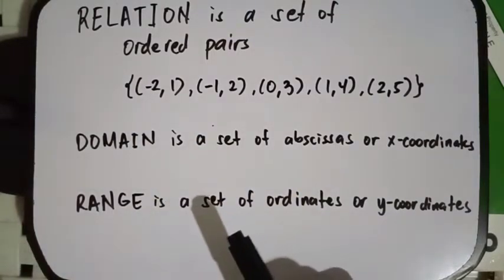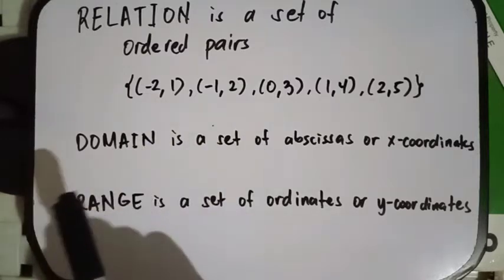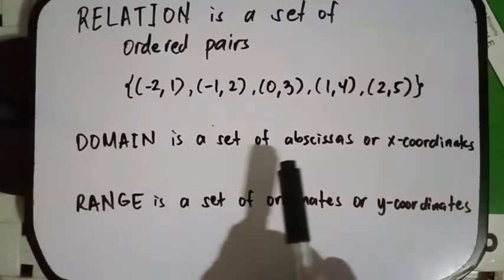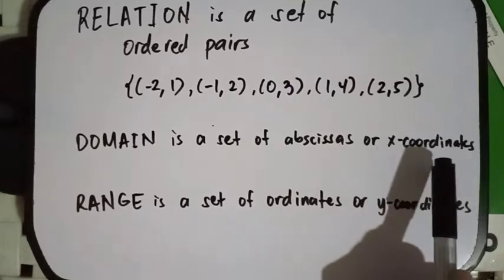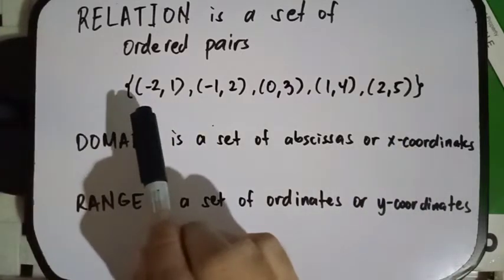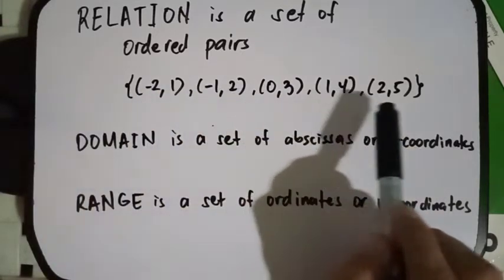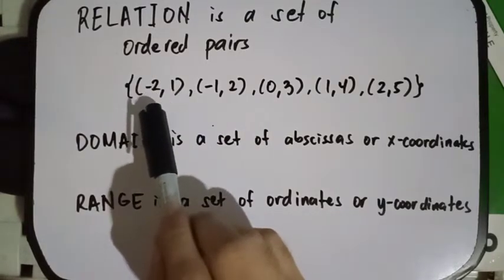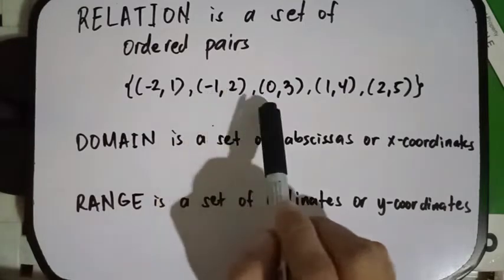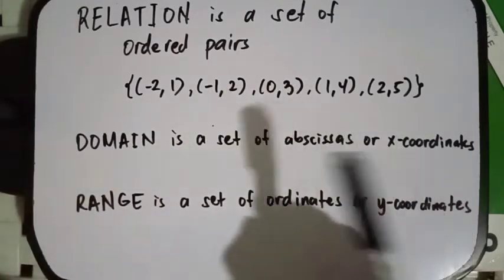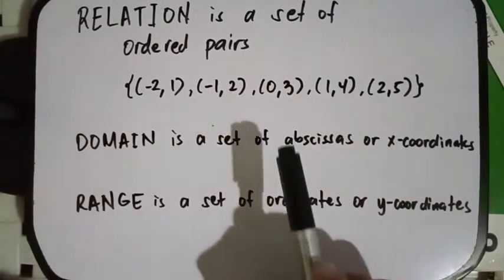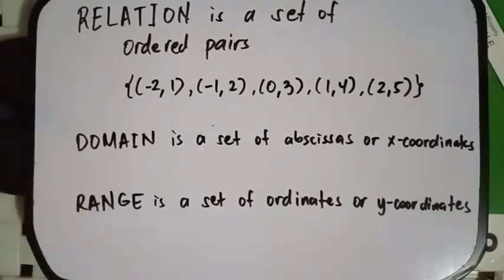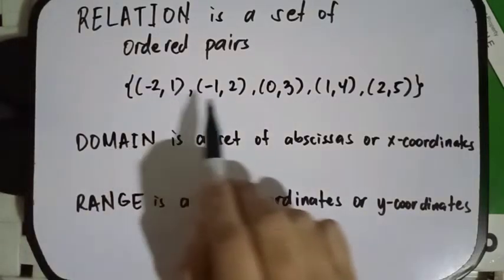Okay? In terms of relation, pag sinabing domain, it is a set of abscissas or x-coordinates. So, ibig sabihin, lahat ng abscissas dito sa relation na ito. So, kukunin mo lang yung abscissa ng lahat ng ordered pairs o yung x-coordinates, yan yung first number, 'di ba? At yun ang magiging domain niya. So, ano bang first numbers dito?